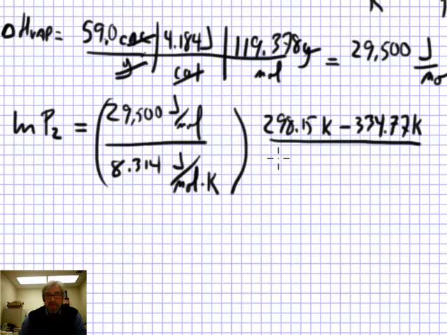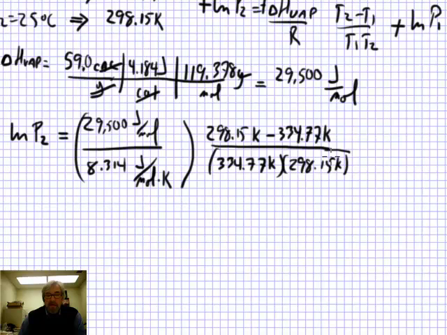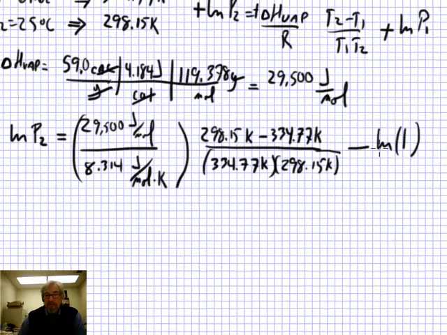So 334.77 kelvins times 298.15 kelvins. And then minus the natural log of 1 atmosphere. Well, that simplifies nicely because the natural log of 1 is 0, so that term just goes away.